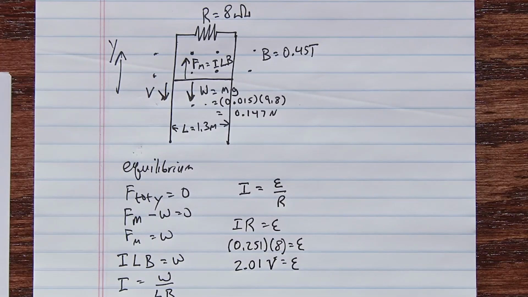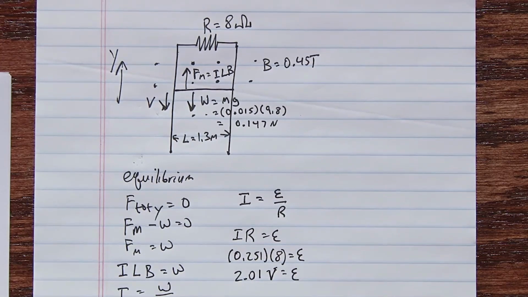So we're looking for an electromotive force of 2.01 volts. Is that going to tell us the speed of the rod? Yes, it is, in fact.